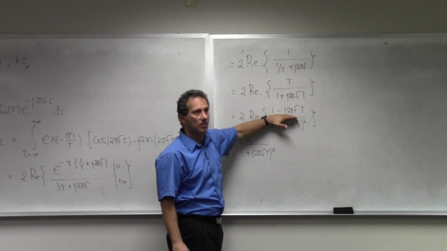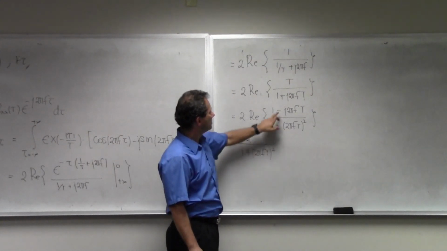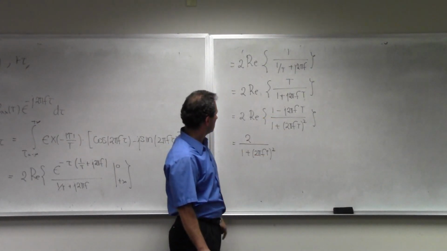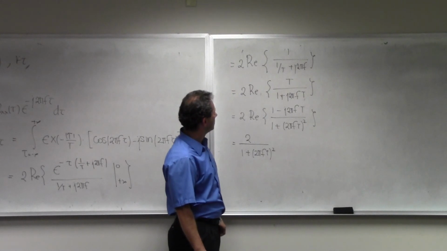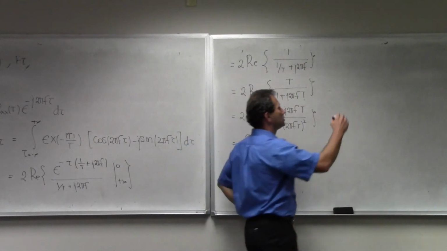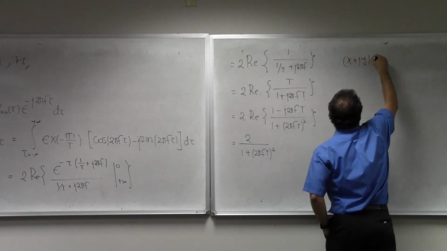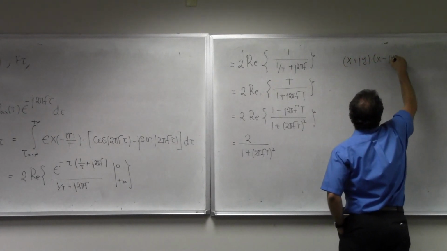I get the complex conjugate upstairs and the magnitude squared downstairs. What about that minus downstairs? J squared is minus 1. Let's review that: x plus jy times x minus jy.